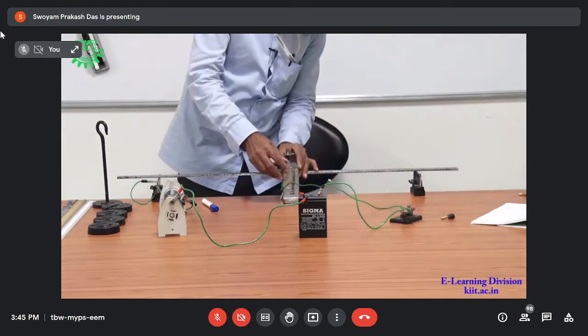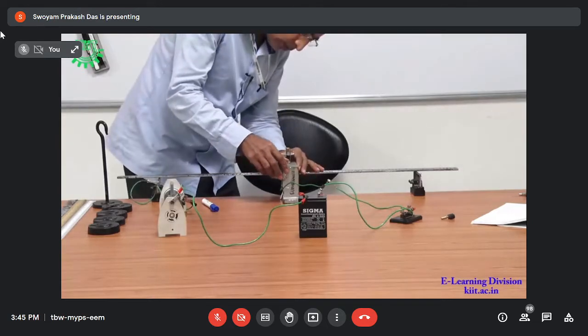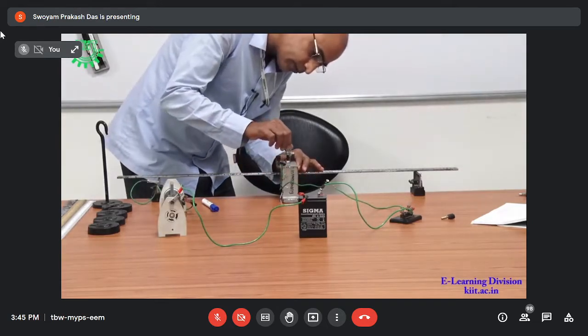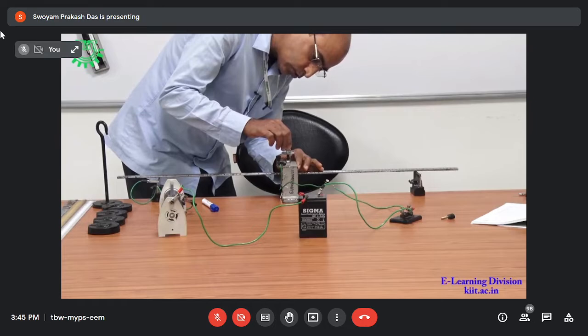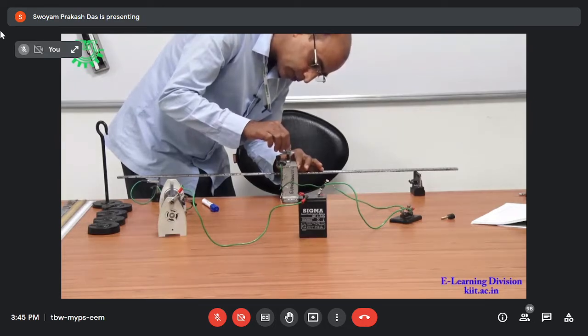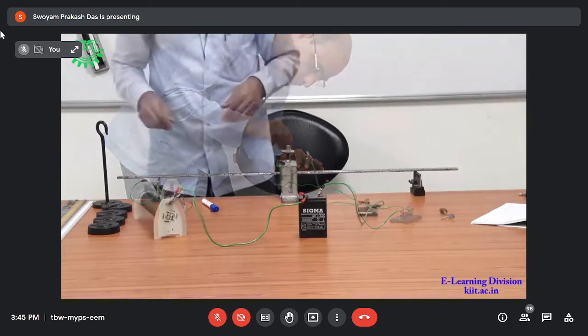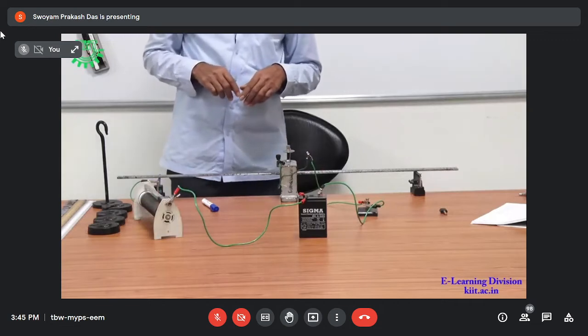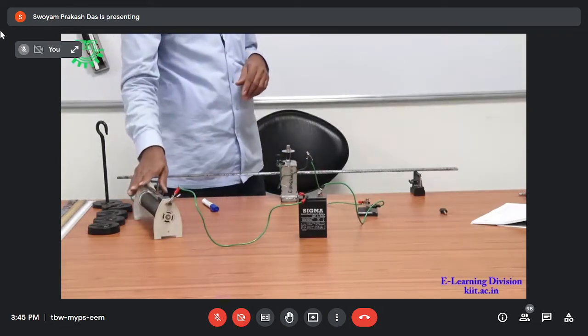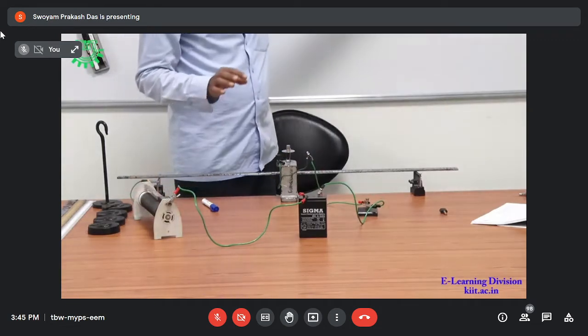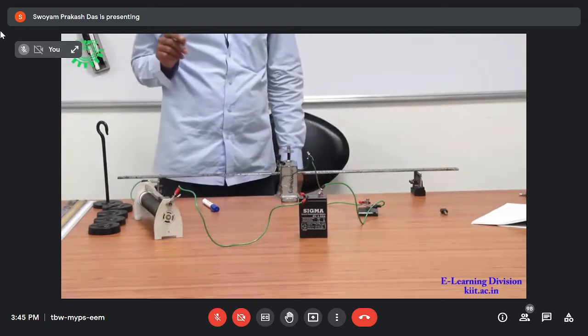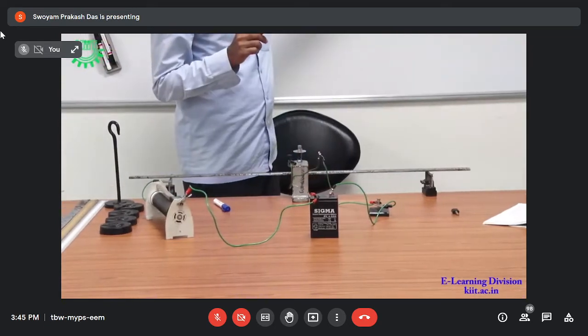The spherometer will be kept over this small hanger without the contact over it. So with the help of a battery, dry cell, rheostat and a key, all the connections are made according to the diagram given below.